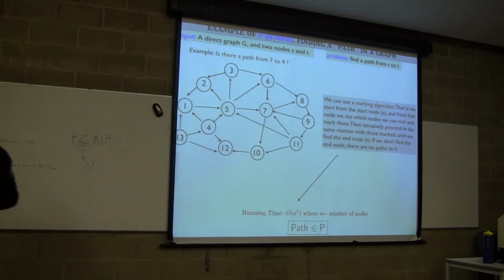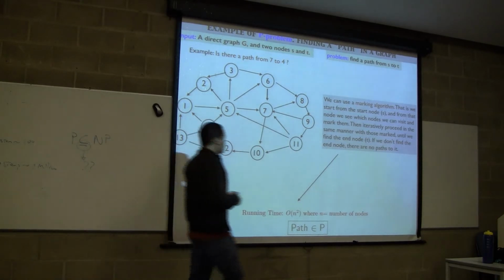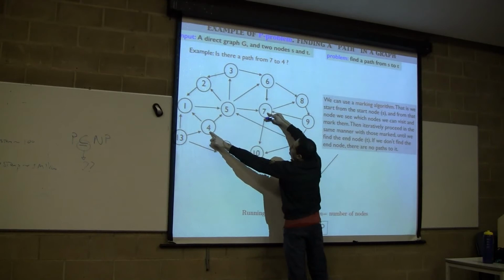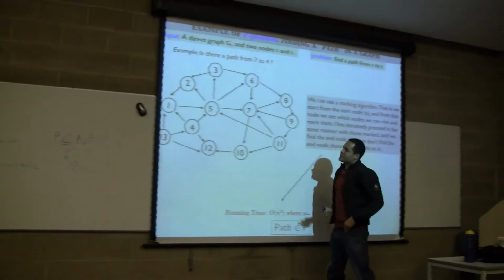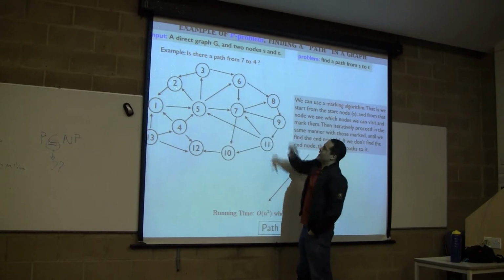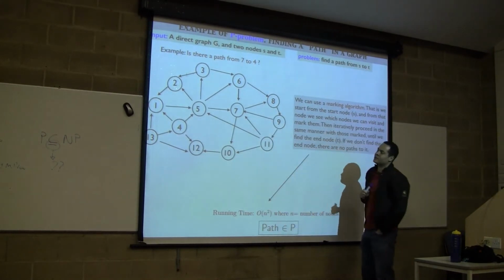It turns out that if you code this with a marking algorithm, which is quite efficient, you start with this node, and you mark it, and that's the end node that you want to reach. Then you look at the directed edges coming out from this node.